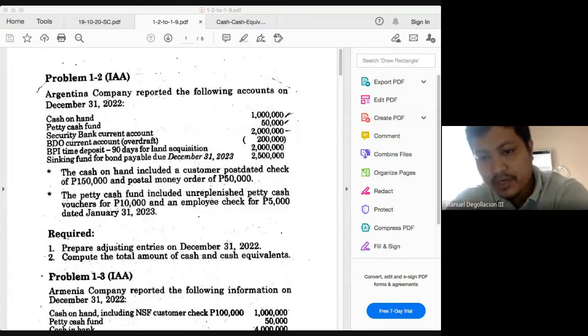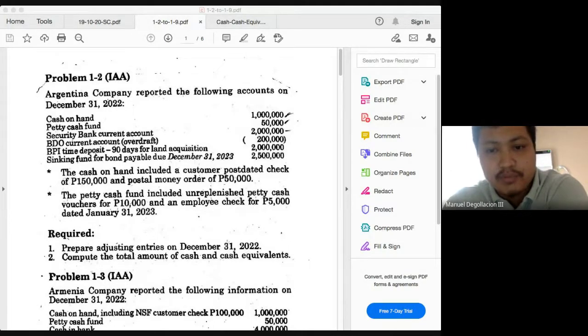And once we have correctly identified the items that will form part of our cash and cash equivalents, all we have to do would be to add the corresponding values that pertain to the items to be included in the cash and cash equivalents account.